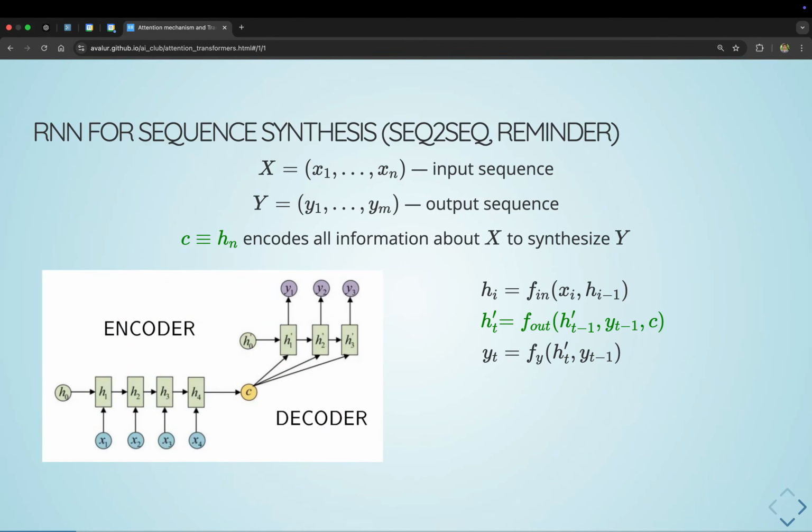And how to solve it? Yeah, so the next step in modeling is the so-called encoder-decoder architecture.